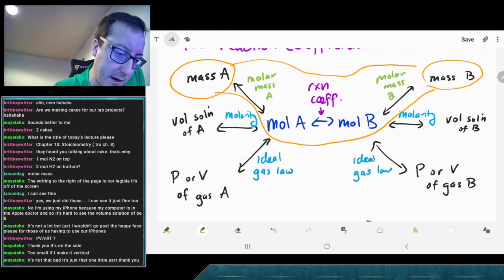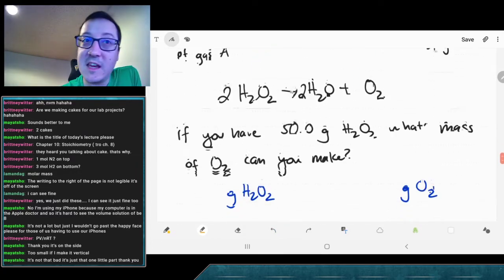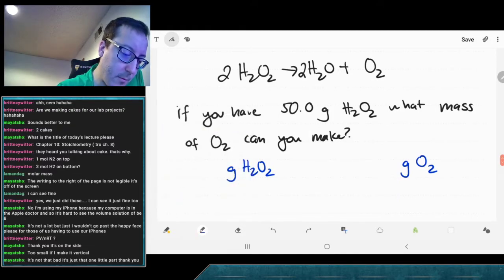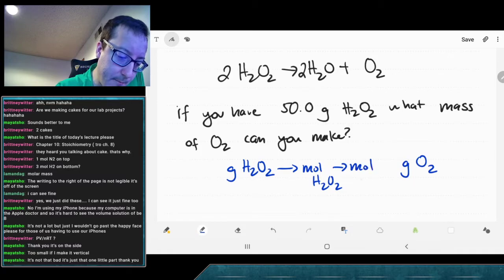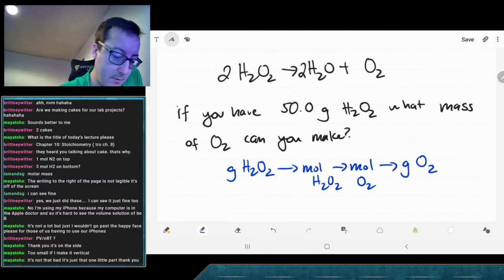So let's go ahead and get rid of the orange here, just so we can keep using that chart. So this is going to be the plan for this unit conversion here.